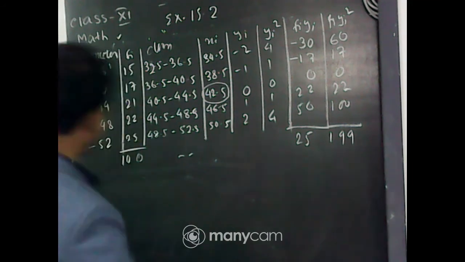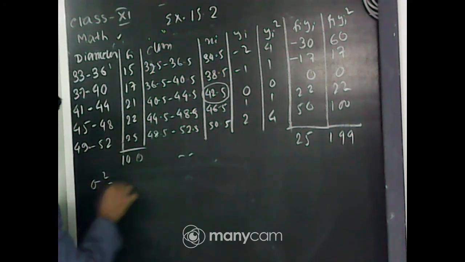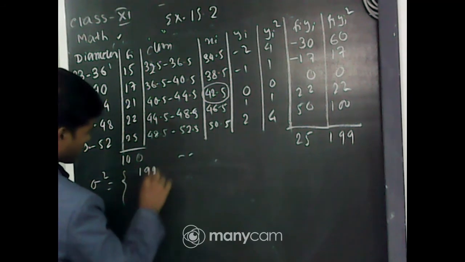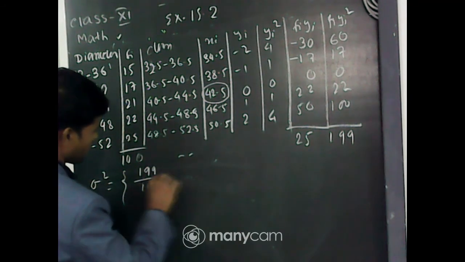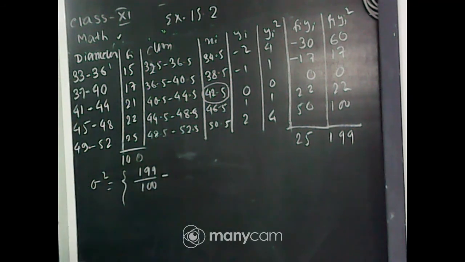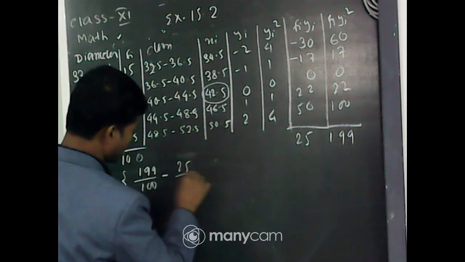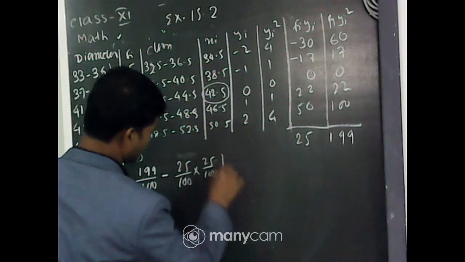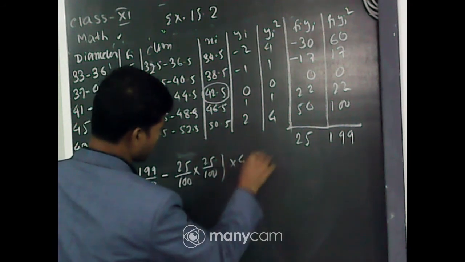Now variance sigma square is equal to summation of fi yi square by n, that is 199 by 100, minus summation of fi yi by n whole square, that is 25 by 100 into 25 by 100, into h square, that is 4 into 4.